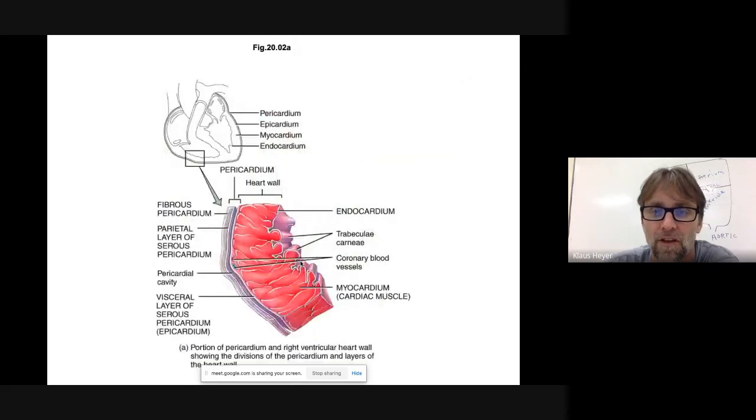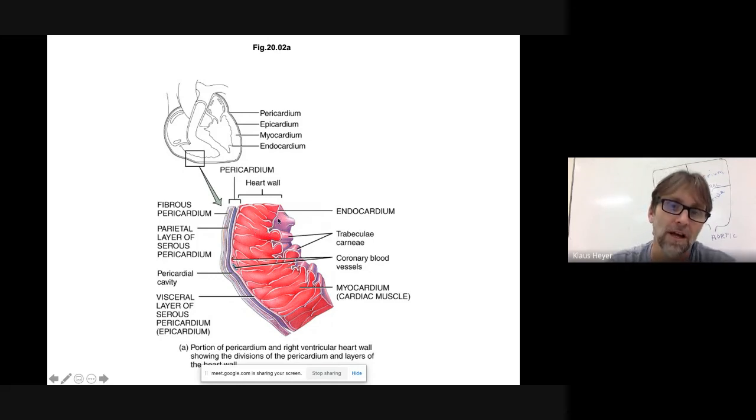I think I've got a slide right here. See? Myocardium. That's the muscle of the heart. So they call a heart attack an MI, a myocardial infarction, because your myocardium is messed up.